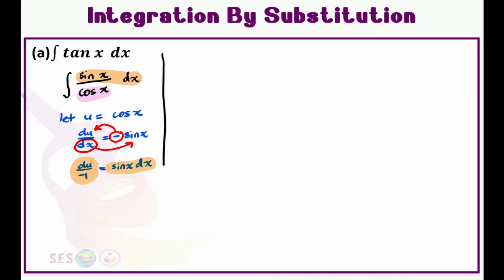Okay, so continue right here. Integrate fraction. So cos x here has become u, and our sine x dx over here has become du over negative 1.